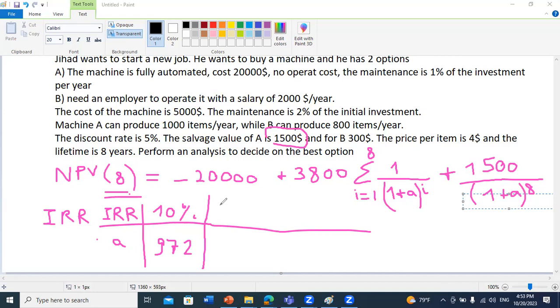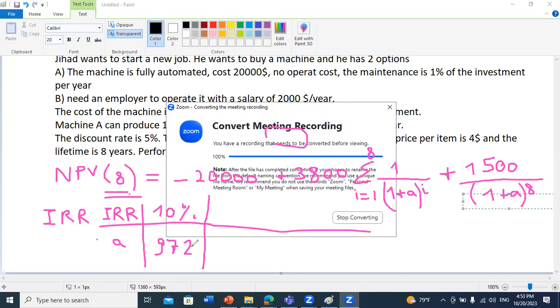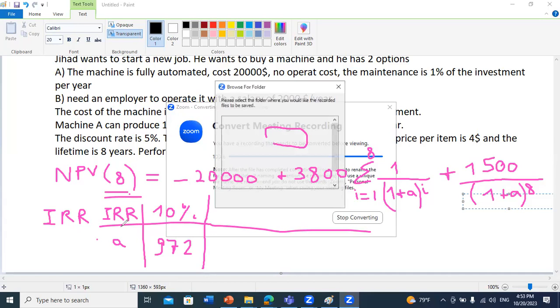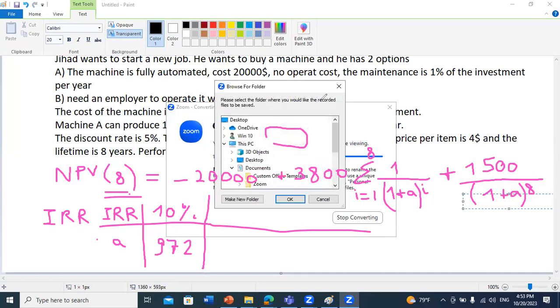A larger discount rate means that we have a higher risk. And with higher risk, we expect lower NPV. So to reduce the value of NPV, we should increase A. Yes, we should increase A.